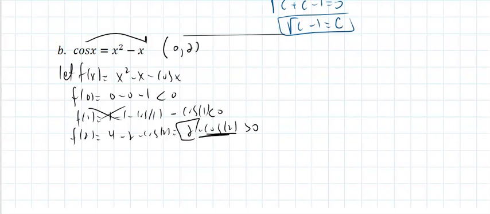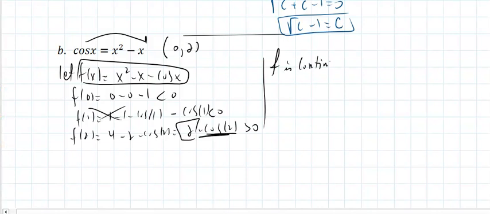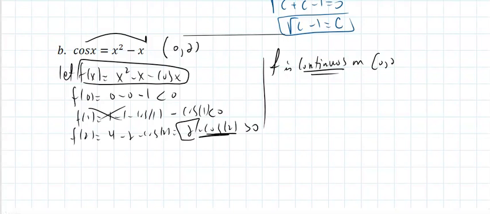It doesn't matter. I could say, well, look, f, which is right there, is continuous. This will only hold if it's continuous on the closed interval between 0 and 2, right? And we showed f of 0 is less than 0, f of 2 is bigger than 0.